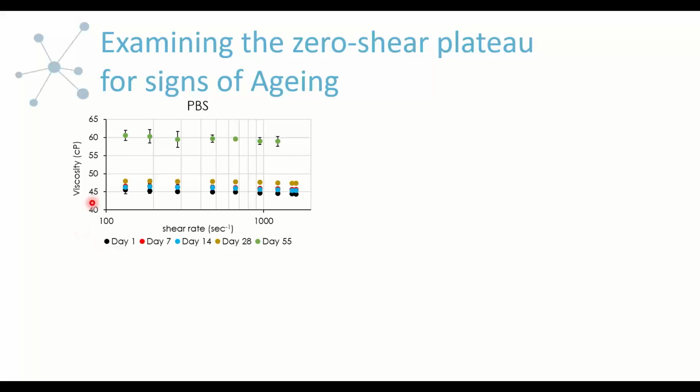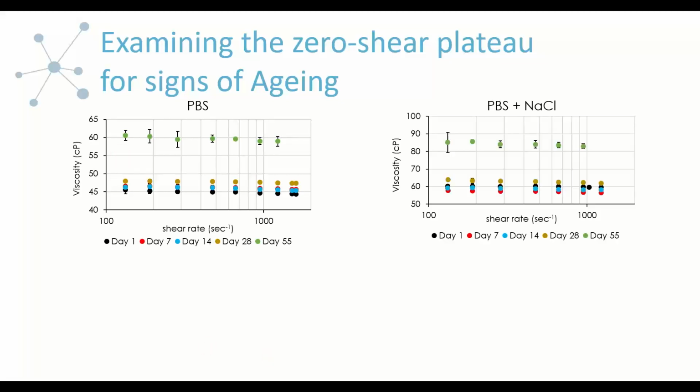And as you can see, that first month, they relatively stayed the same viscosity, but then at day 55, 2 months later, it dramatically increased from 45 centipoise all the way up to about 60 centipoise.